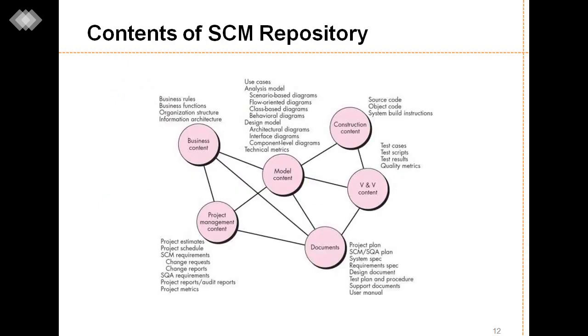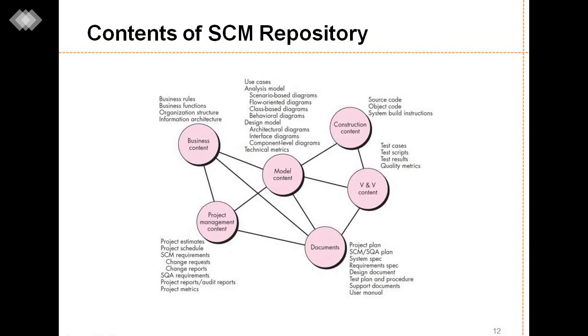After that we have covered the contents to be used in our software configuration management, and these contents are business contents, project management contents, model contents, construction contents, verification and validation, you can say V and V contents, and last is the documentation.